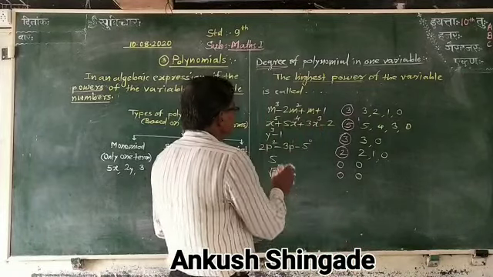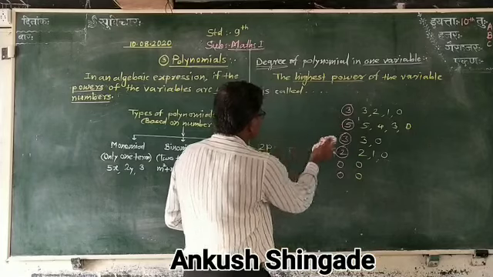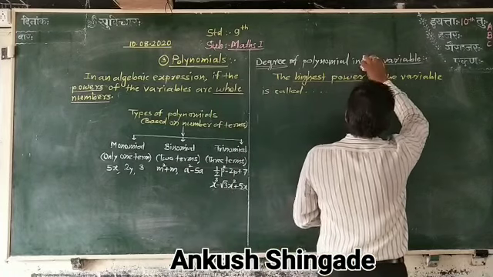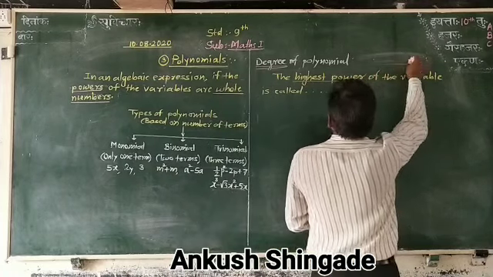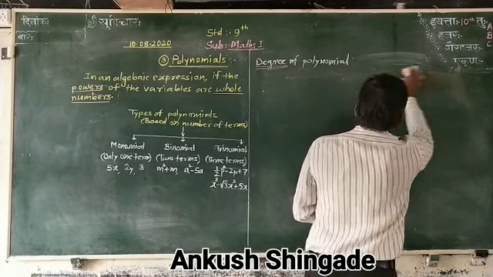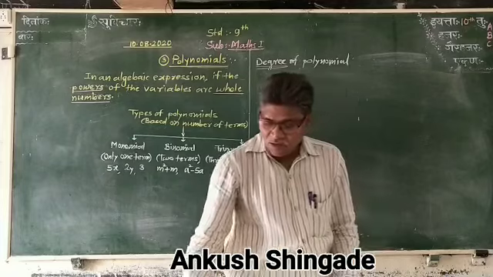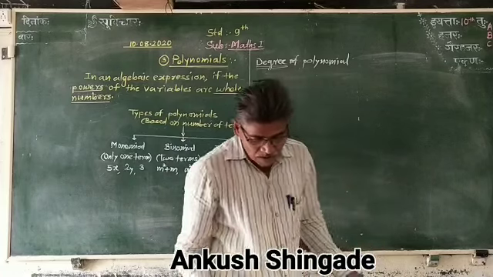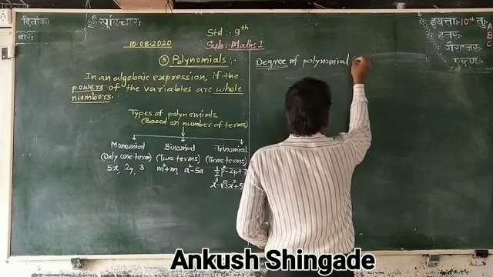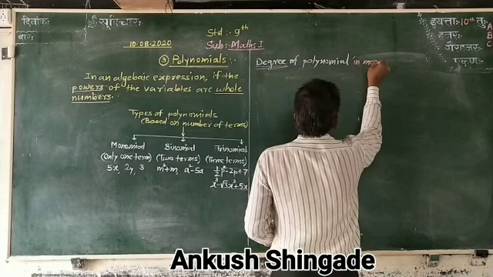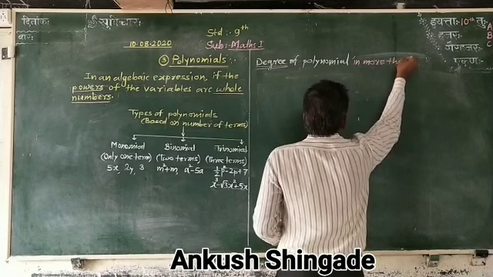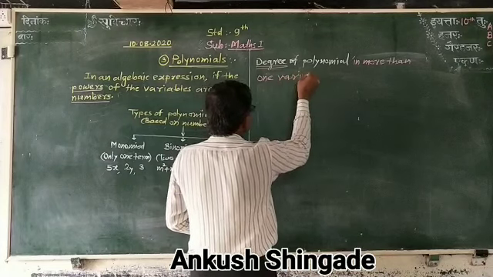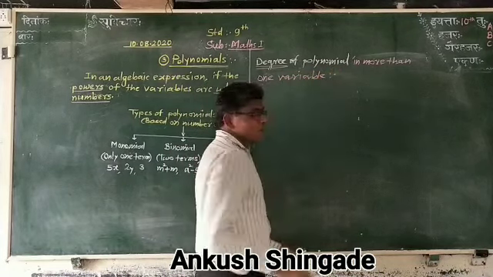Then, the next point, the second type of polynomial: degree of the polynomial in more than one variable.